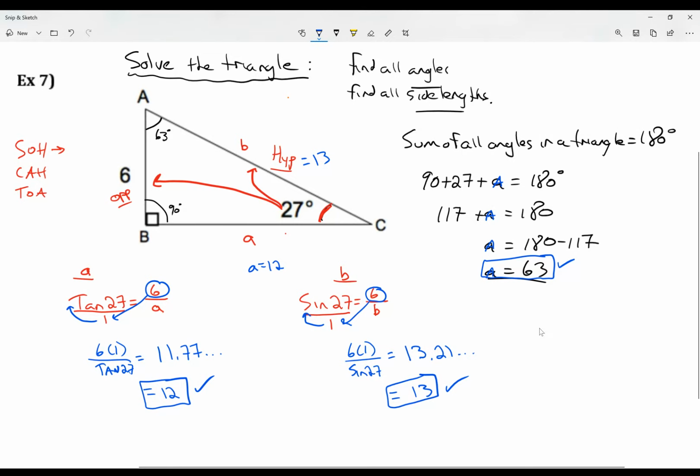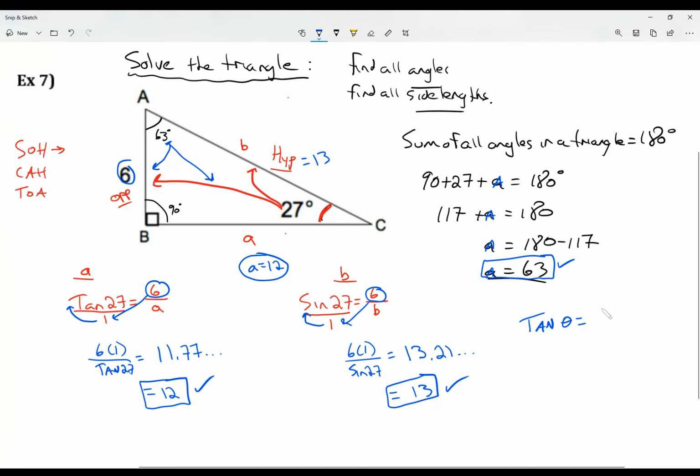Now, let me just do some quick trig to prove to you that 63 is the right angle. If I were to use side length 6 and side length 12 in a tan function, I'm going to try and prove to you that 63 is my angle. So 6 is the adjacent, 12 is the opposite.